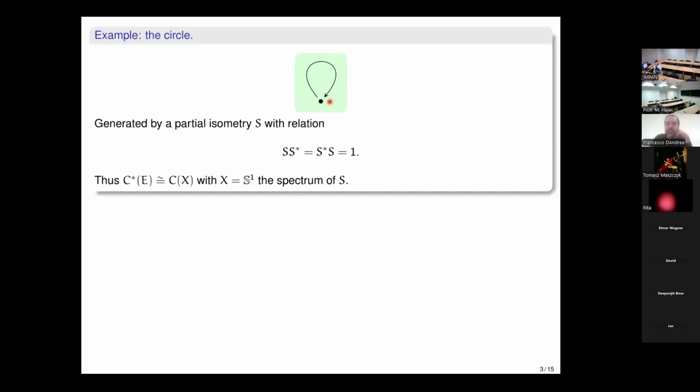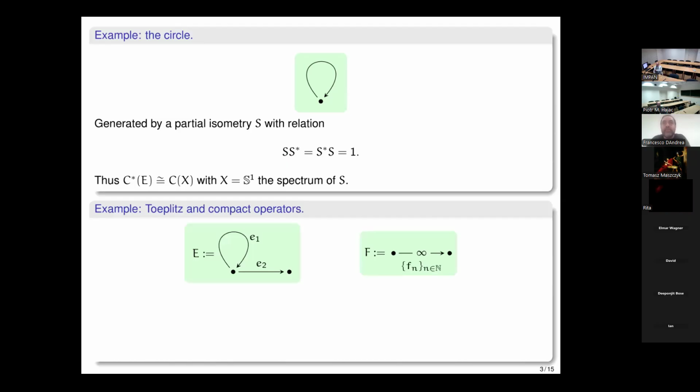And the two conditions, CK1 and CK3, tell you that SS star and S star S are both equal to the vertex projection. Since there is only one vertex projection, this is the unit element of the C-star algebra. So what you get is that this S is a unitary, C-star of E is the universal C-star algebra generated by a unitary, so it is continuous functions on the circle. And this is the first example.